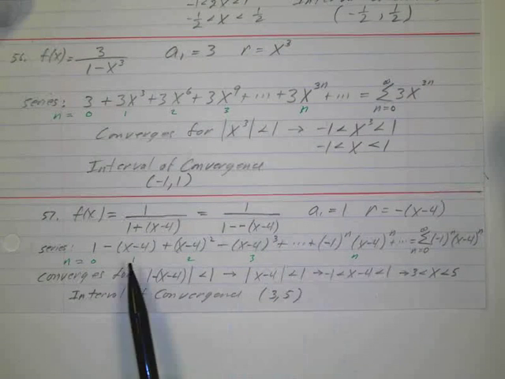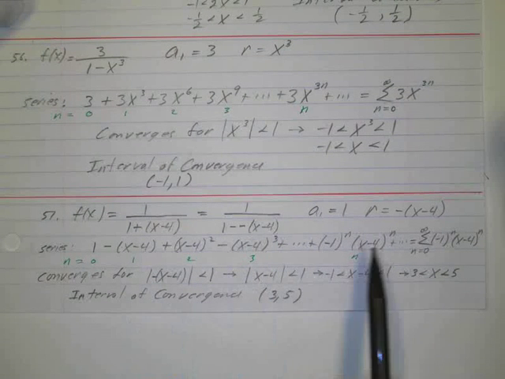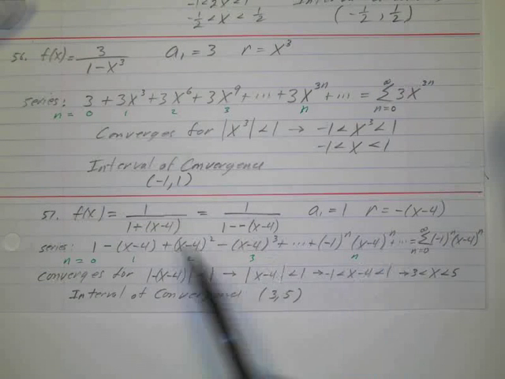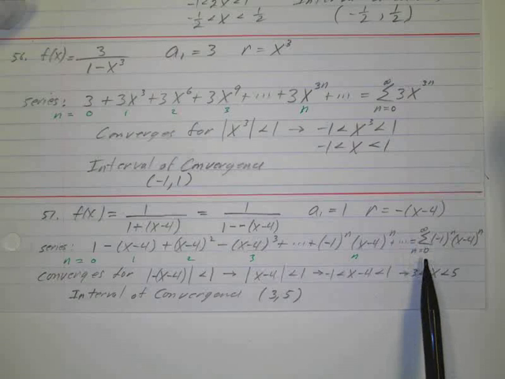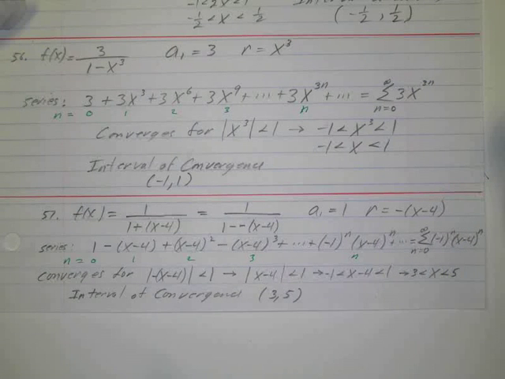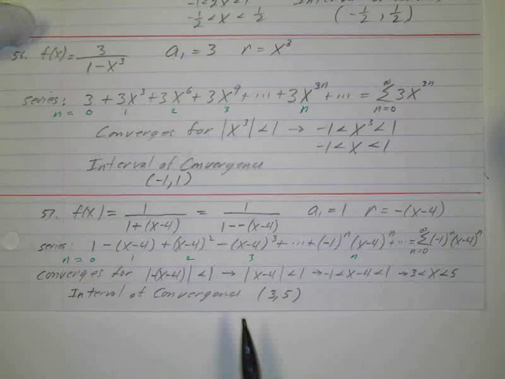Okay, so again, we're using a geometric series. Just trying to figure out the nth term is kind of fun to do. Just watch the alternating signs and then try to make sure the n's match up. And we're going to go from n equals 0 to infinity of negative 1 to the n, x minus 4 to the n.